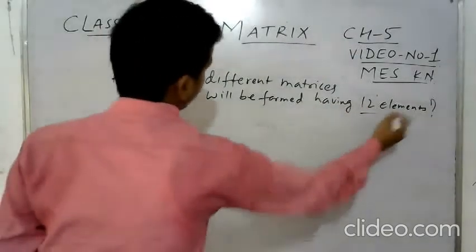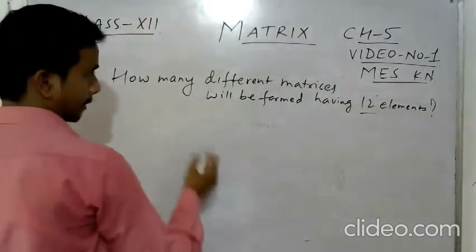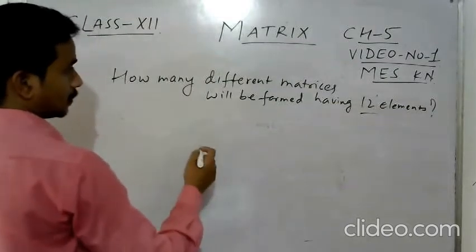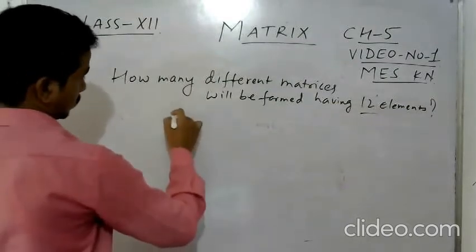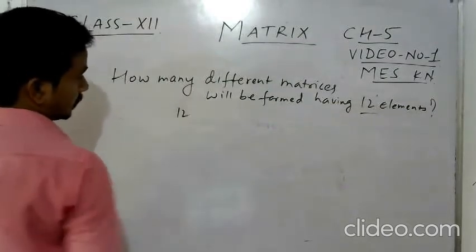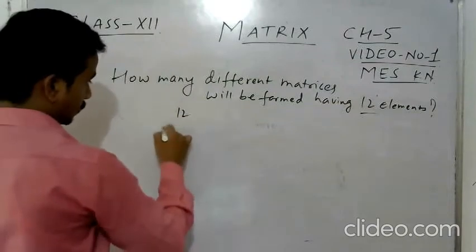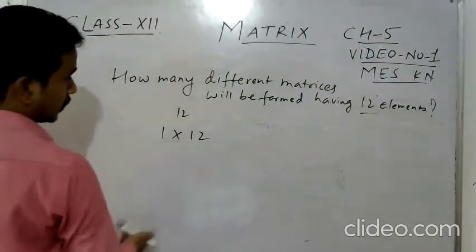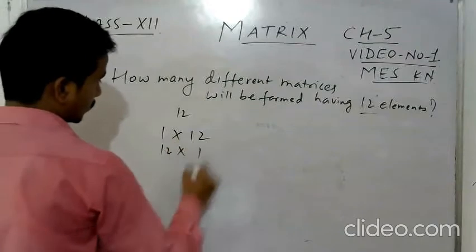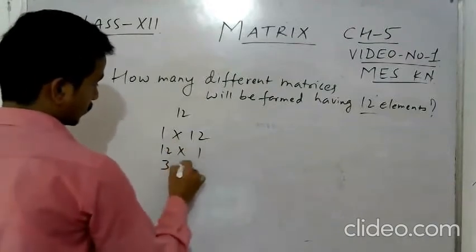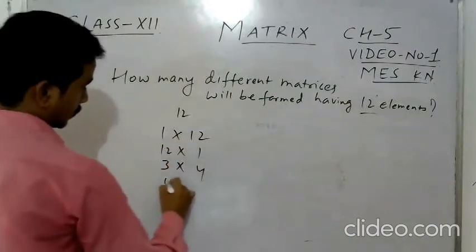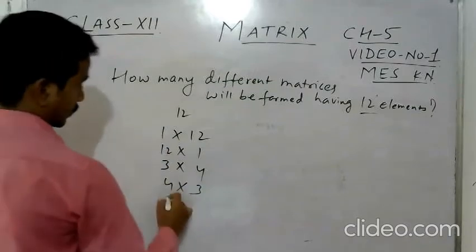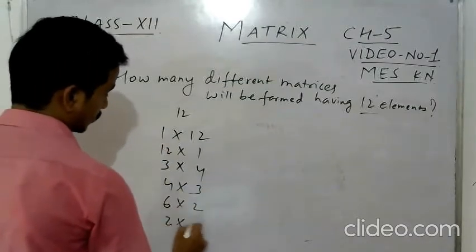So here we have to just make factors. So with 12 elements we can write 12 as 1 into 12. So we can form a matrix of order 1 by 12, or 12 by 1, or 3 4s are 12, 3 by 4, 4 by 3, and 6 2s are 12, and 2 6s are 12.